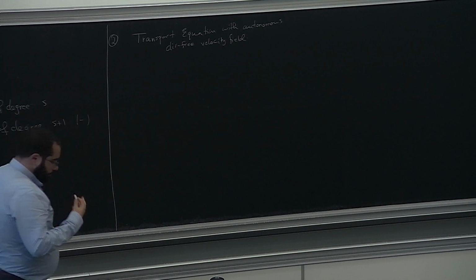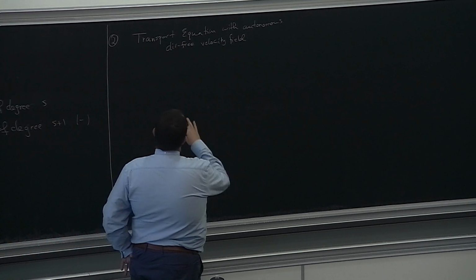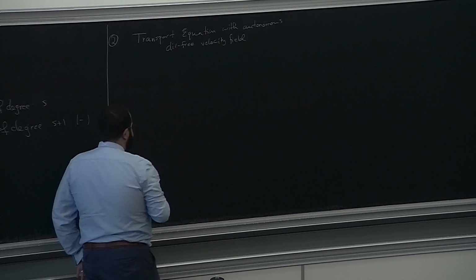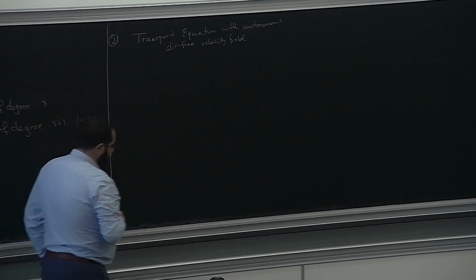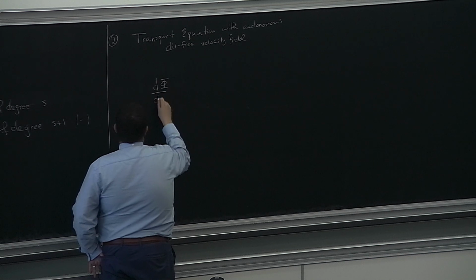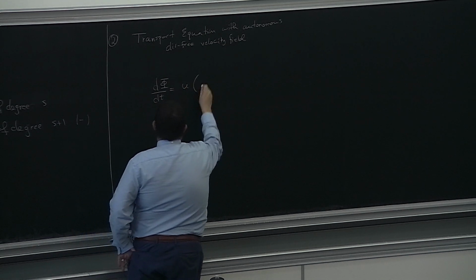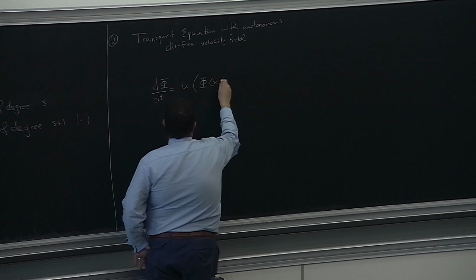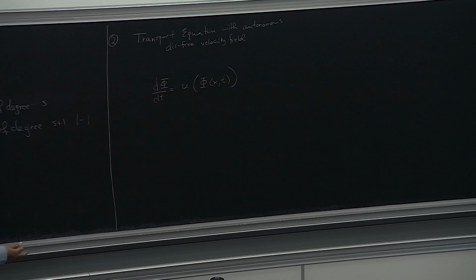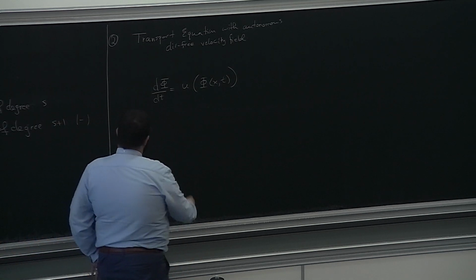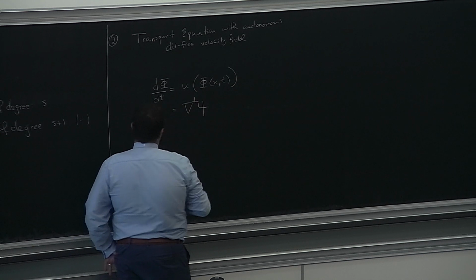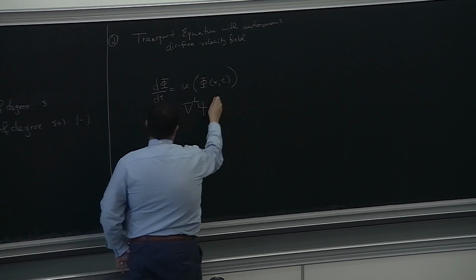As we said over here, studying the transport equation is equivalent to studying the ODE. In the autonomous case, we know that the velocity is Hamiltonian, so you can write it as a perpendicular gradient of something.